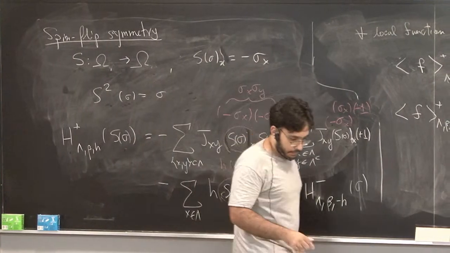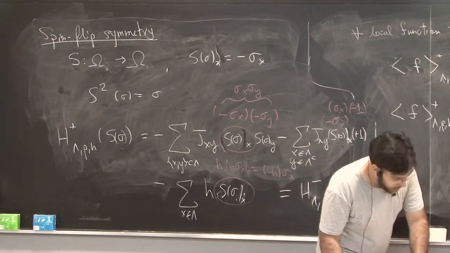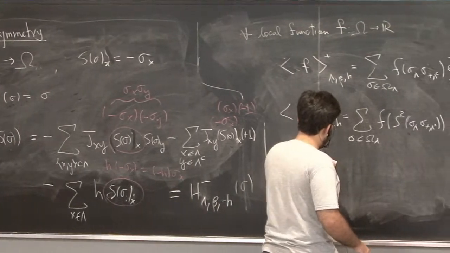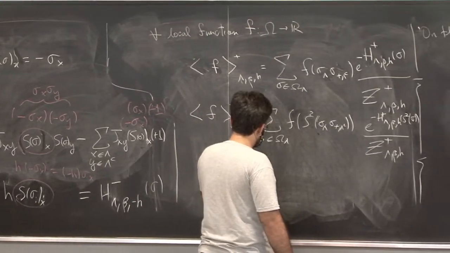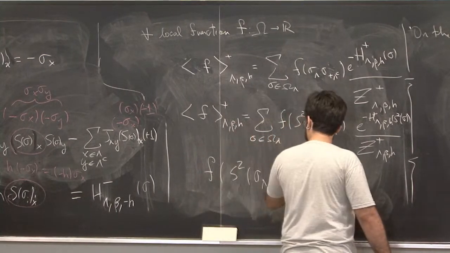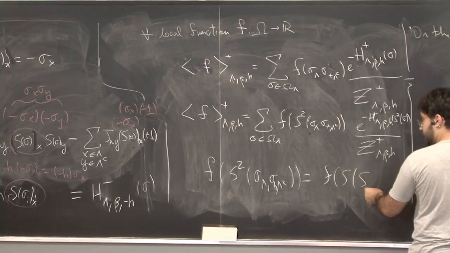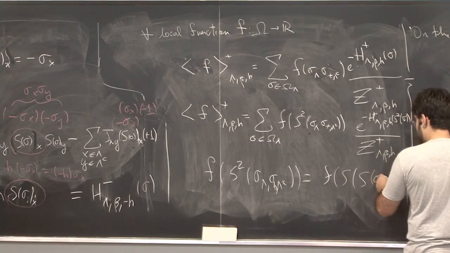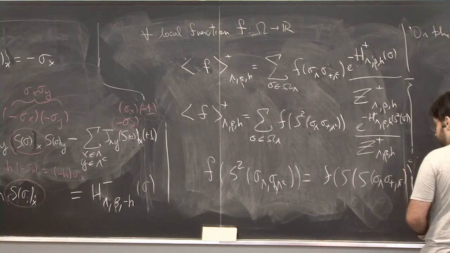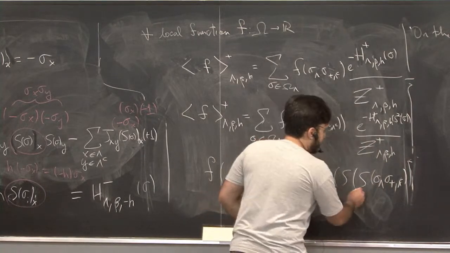We can write f of S squared of sigma with the plus boundary outside. This can be written as f of S applied to something that is inside here, lambda c. And now what happens to this map?